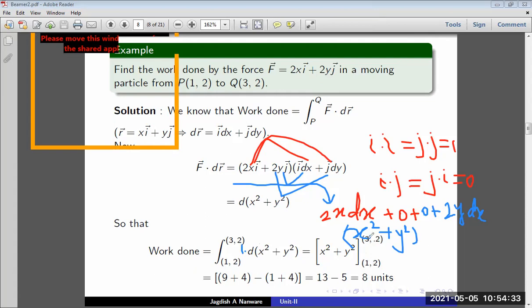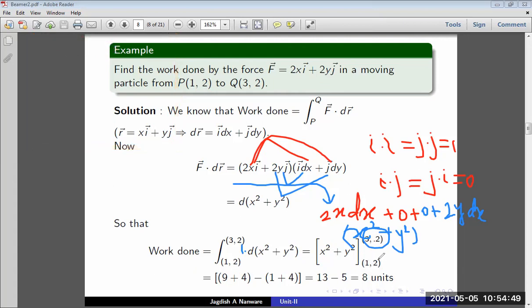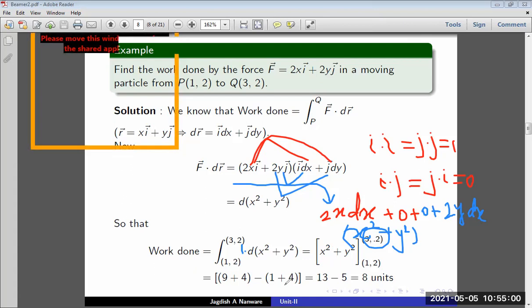For the upper value, put x is equal to 3 and y is equal to 2. So this gives 9 plus 4, right? And put the lower limit: square of 1 is 1, square of 2 is 4, so this is 1 plus 4. And you simplify further. This is 13 minus 5. So this is equal to 8.